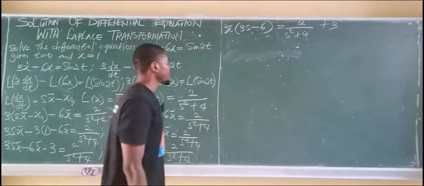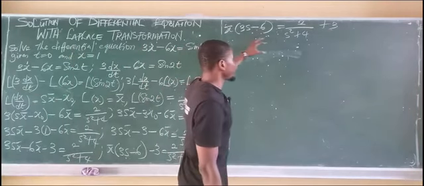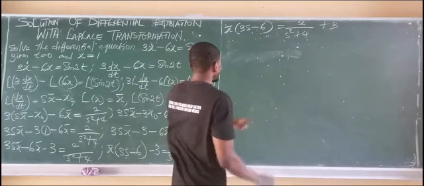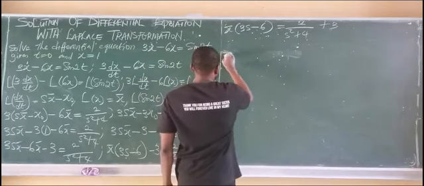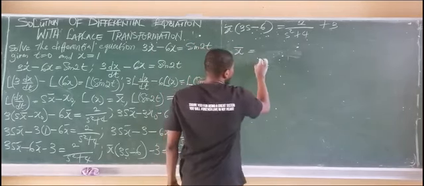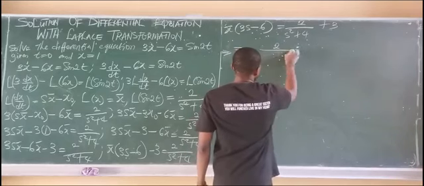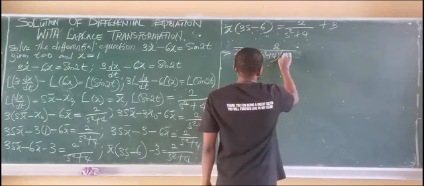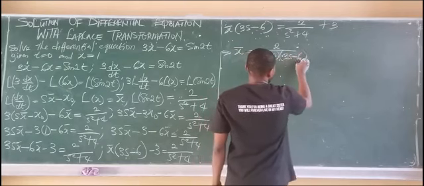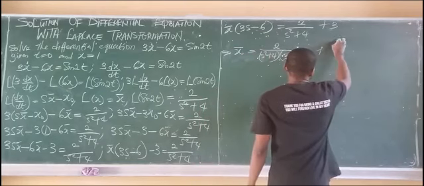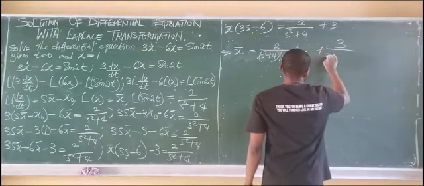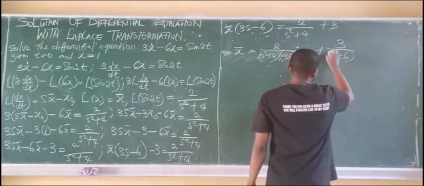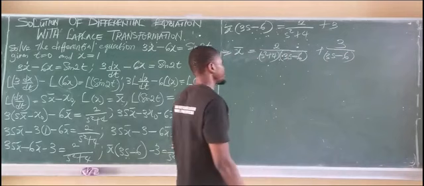Now, to make x bar the subject, it means we divide both sides by 3s minus 6. So this implies that x bar is equal to 2 all over s squared plus 4 divided by 3s minus 6, plus 3 all over 3s minus 6.